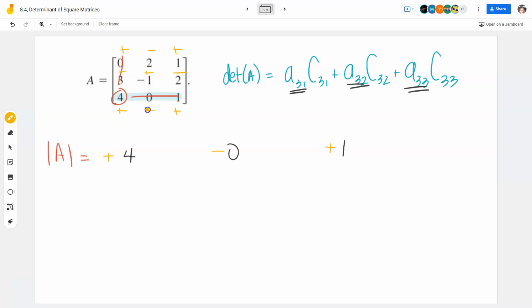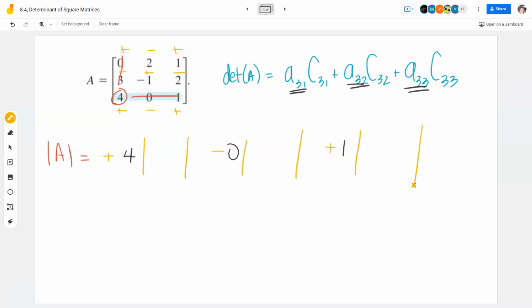So keep it the same, make it the opposite, keep it the same. The opposite of 0 is not going to be a big deal, but we're just making sure that we understand. But then in our minors, we need to multiply by what's left when we ignore whatever row, whatever column we're talking about.